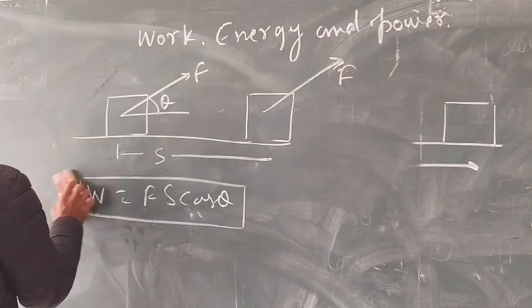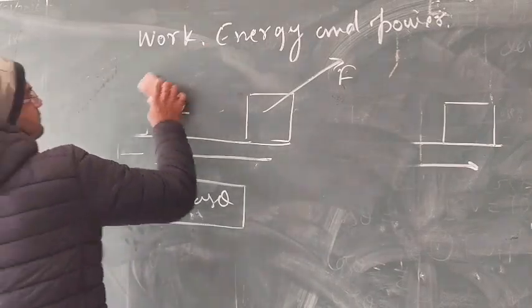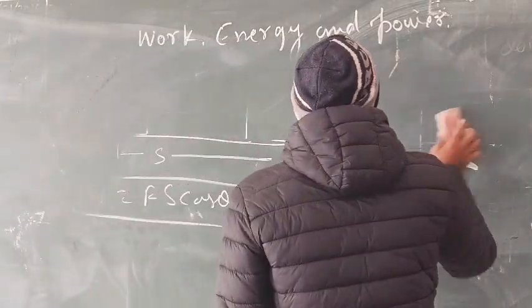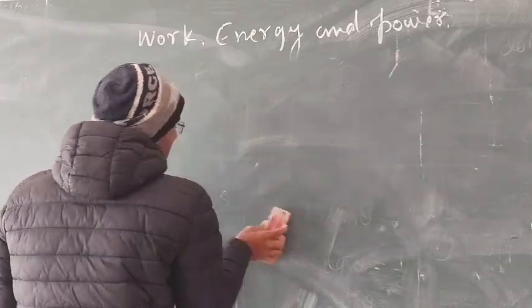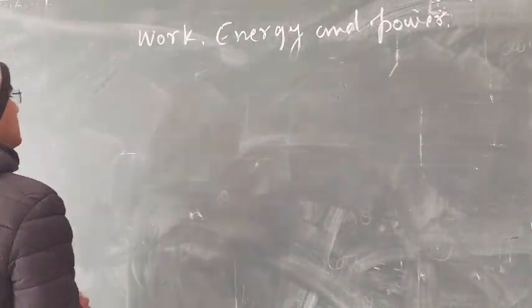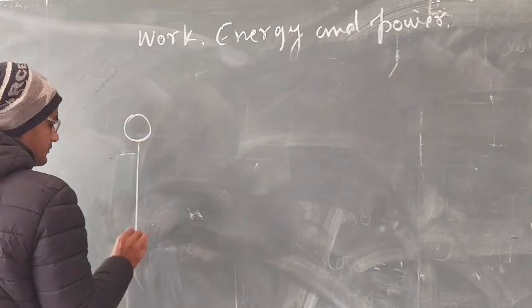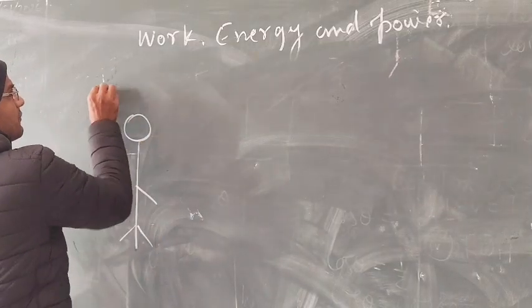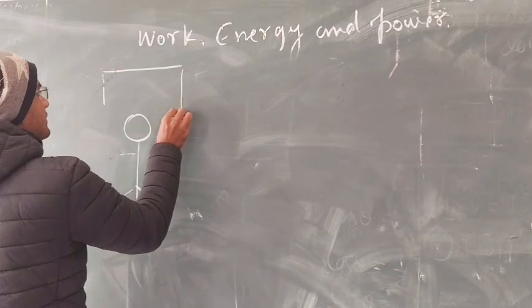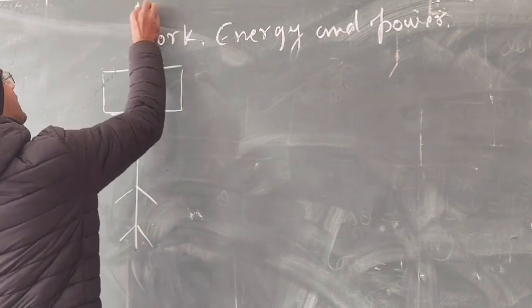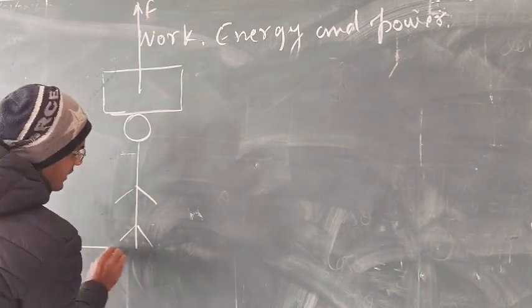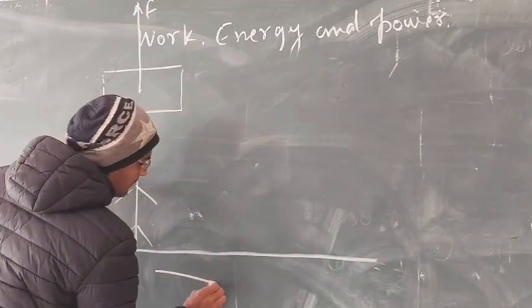when the coolie moves on a horizontal platform, the force applied by the coolie, this is a coolie carrying a bag over his head, and the coolie is applying a force in the upward direction and he is moving on a horizontal plane.